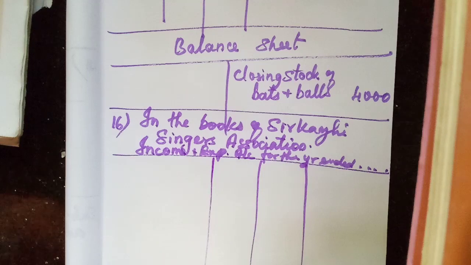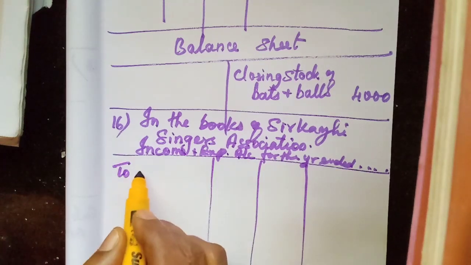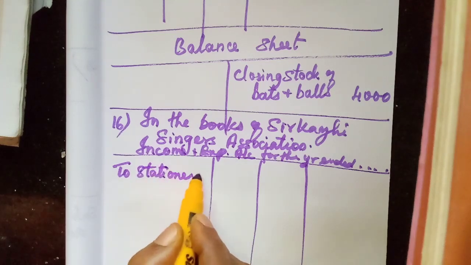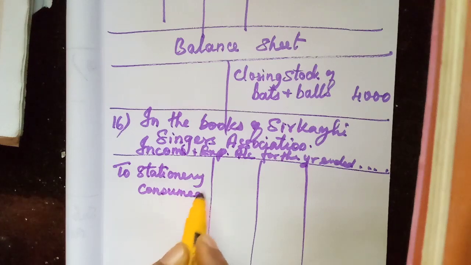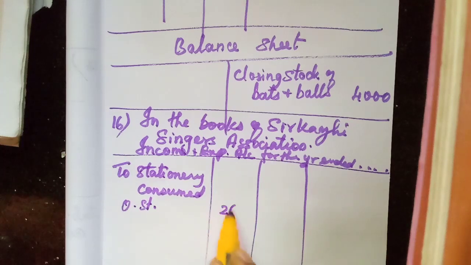So stationery consumed. Opening stock 2,600.